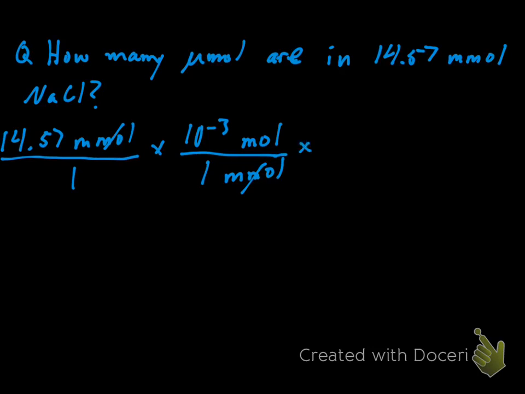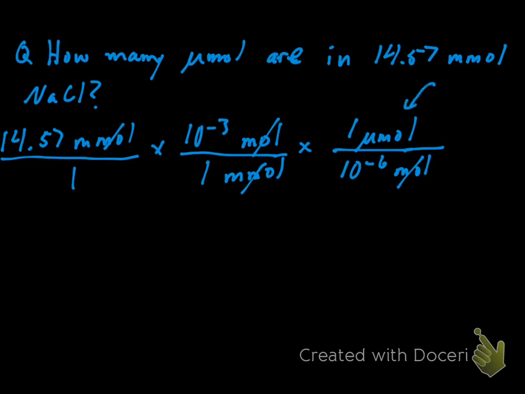And we want to get micromoles here in the end. So 1 micromole is equivalent to 10 to the minus 6th moles, right? Our moles cancel. And now the unit that we're left with is this unit here, which is micromoles. So we're good.